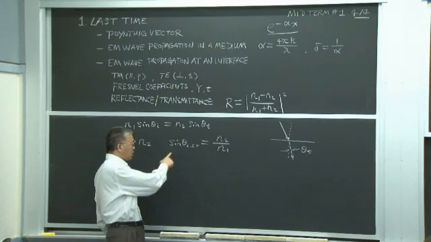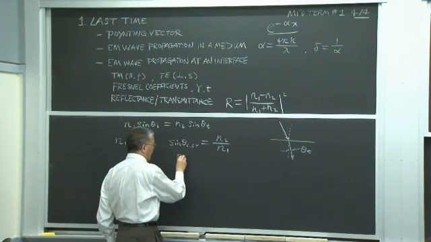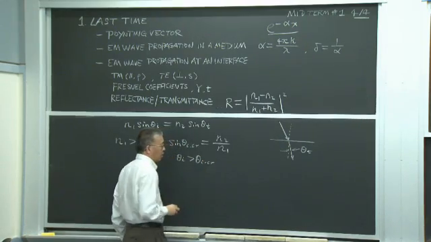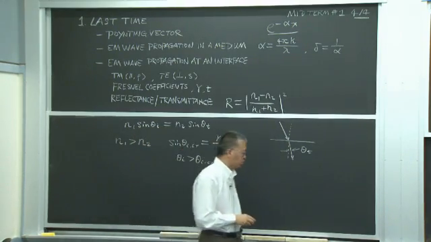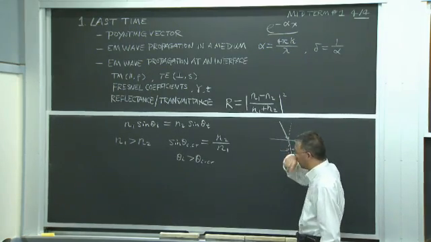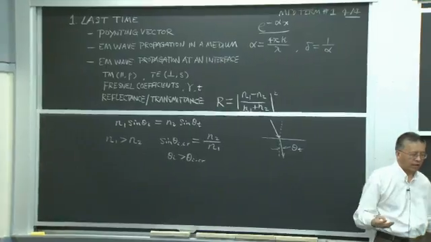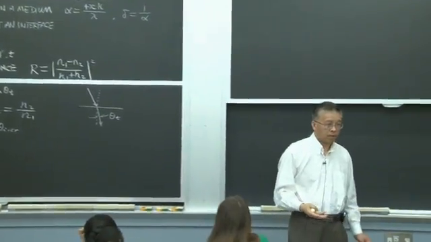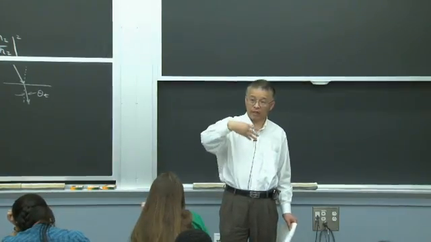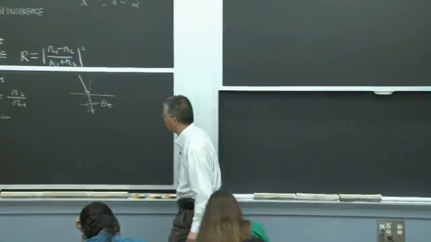Above this angle, where theta I is larger than the critical angle theta I, you check the reflectance and transmittance formula, and you find that R equals 1. So the light is totally reflected. Reflectance is 100%.